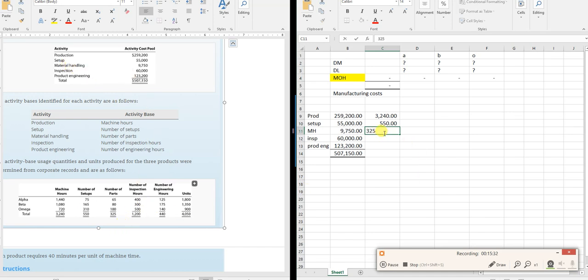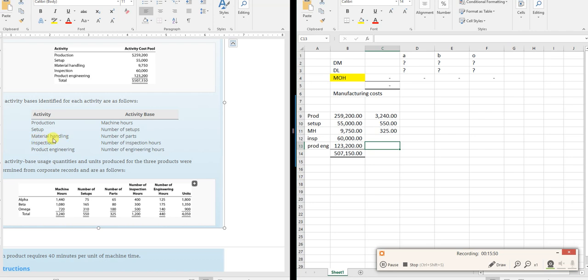So I have a total of 325 parts. And by the way, another way a lot of businesses do materials handling is by weight, because think of a forklift operator in this cost.